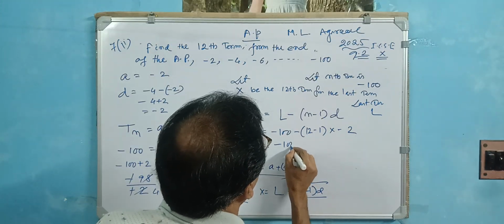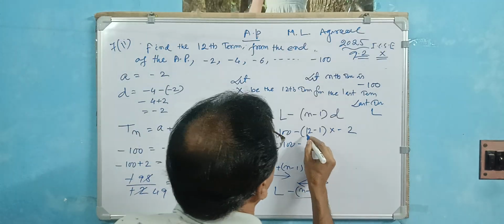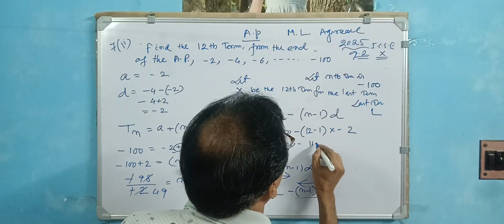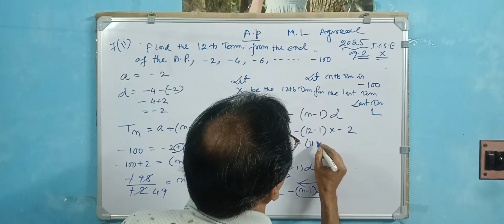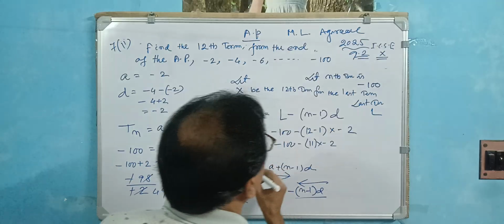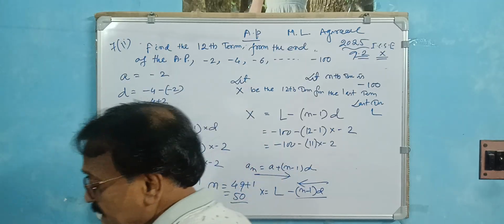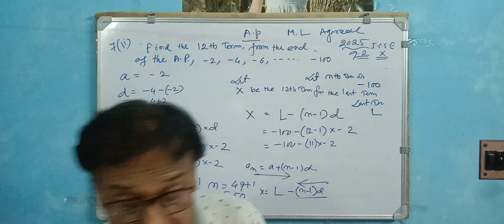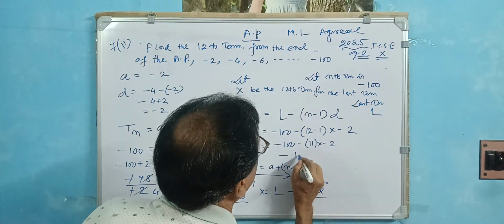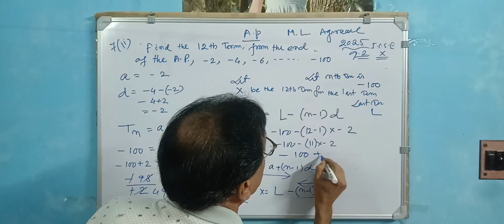This is minus 100 minus 11 into minus 2. Minus minus is plus, so actually this is minus 100 plus 20.